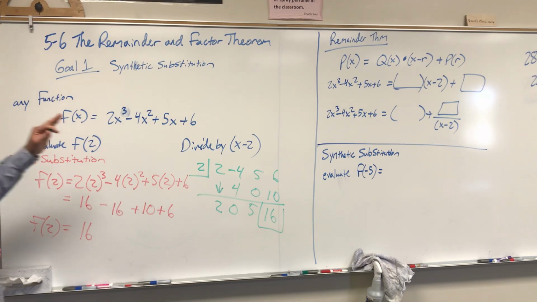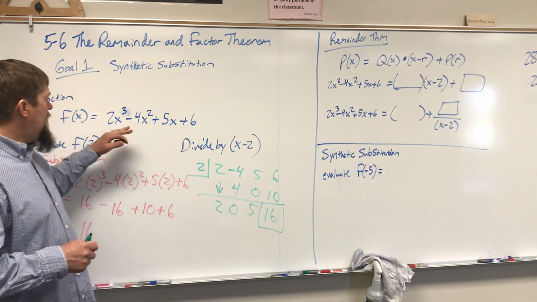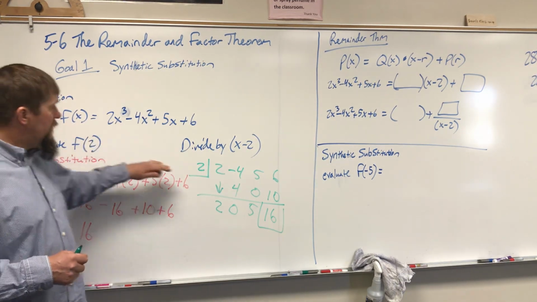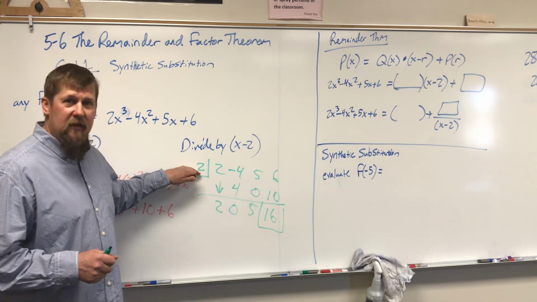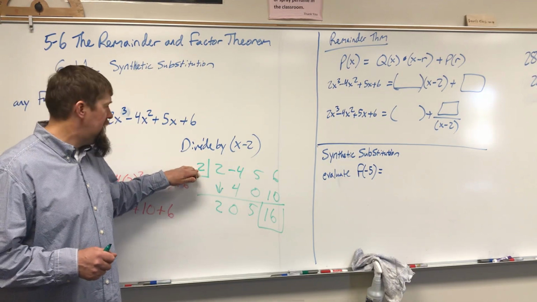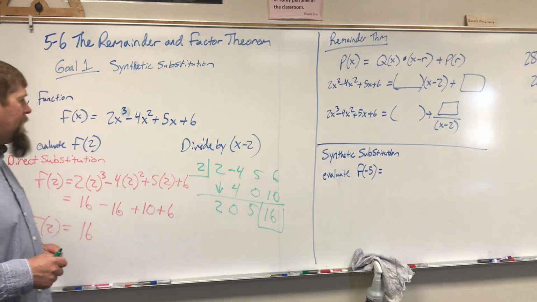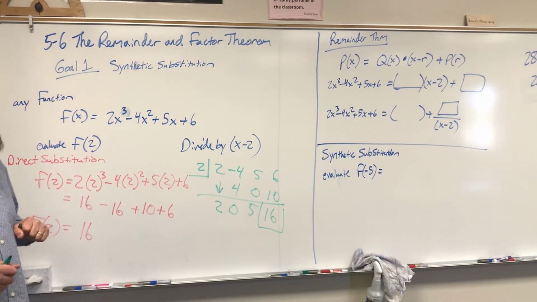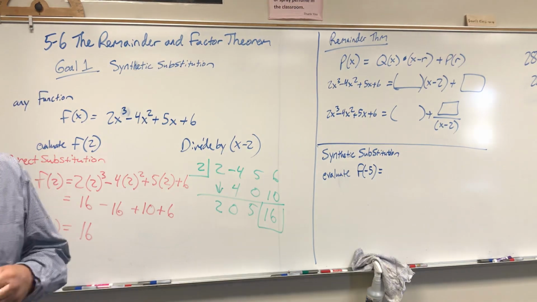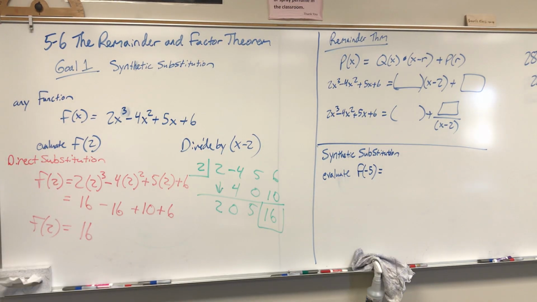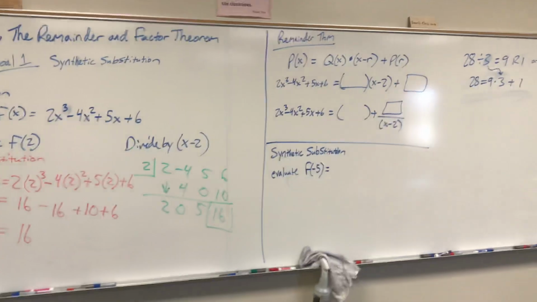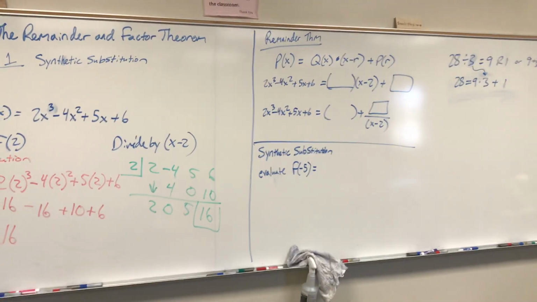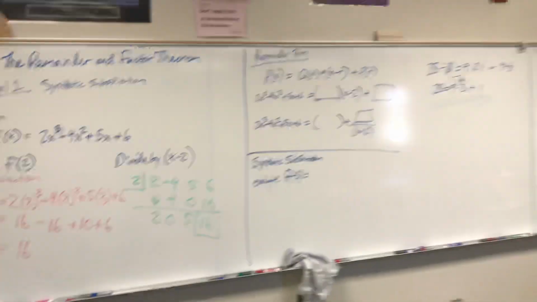That you can divide by x minus 2 or use what we call synthetic substitution to evaluate at 2 rather than direct substitution. Okay, so let's talk just a little bit more in depth about the details. I'm going to focus you right over here. There's a glare, so I'm going to move this.